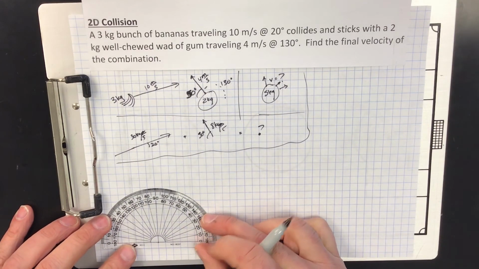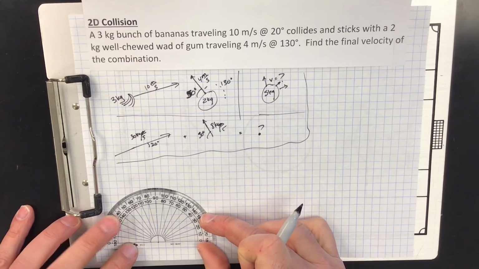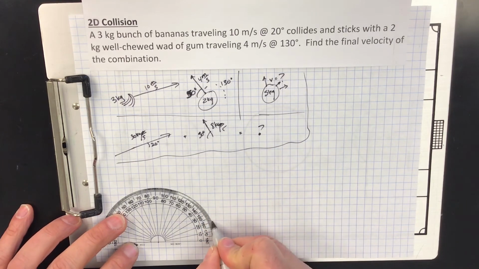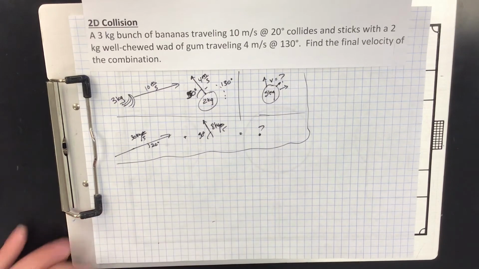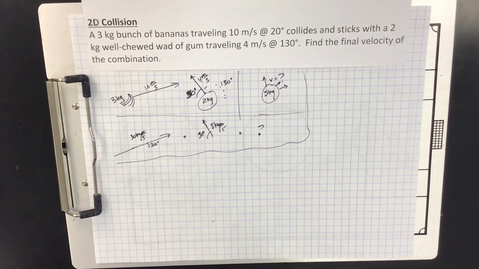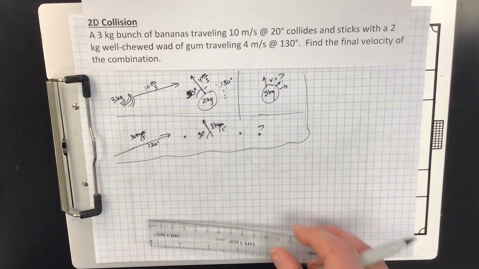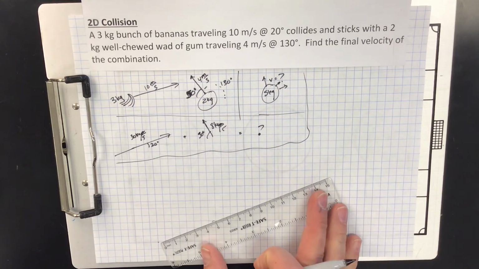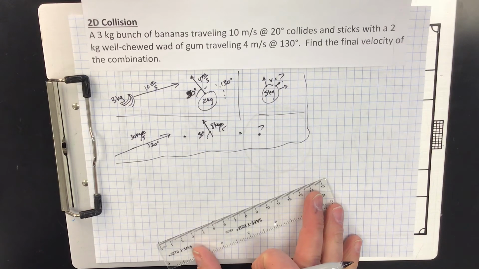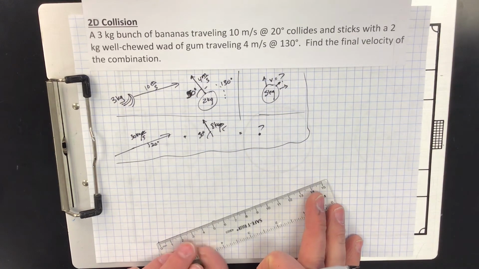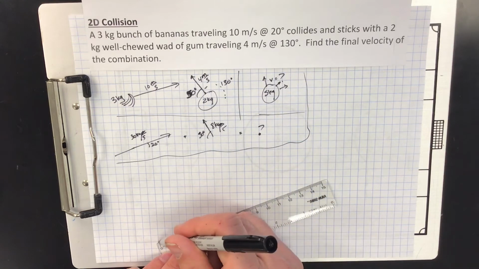Measure this angle, line up that protractor really carefully, and then measure 20 degrees, mark 20 degrees, and using some kind of scale, 3 times 10 is 30, 4 times 2 is 8, make that, I don't know, 6 centimeters long. The longer it is, the better. So this is pretty much the minimum that you would want for this procedure.